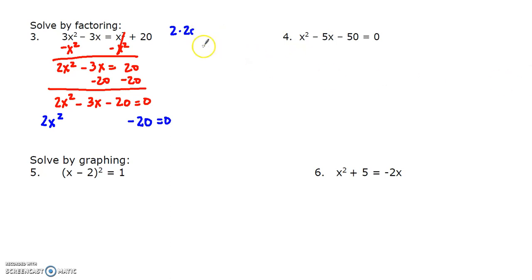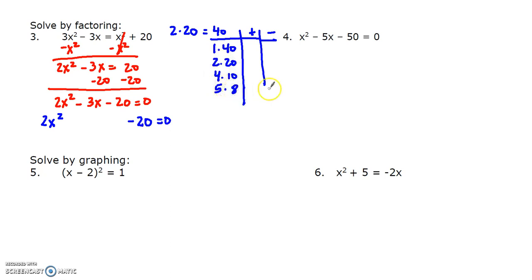Okay, so I'm going to multiply the 2 and the 20 and I get 40. And that number is what I'm going to factor. So I have 1 times 40, 2 times 20, 4 times 10, 5 times 8, I believe that's all. And then I will add and subtract each pair of factors.